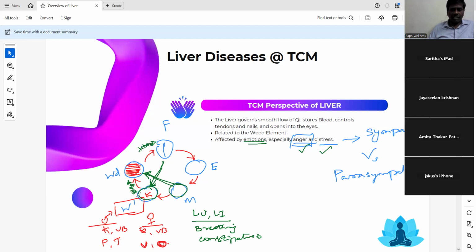So this will get into a vicious cycle. What is that vicious cycle? Here the flow is not there, due to two reasons. One, there is insufficiency, or second, overaction.